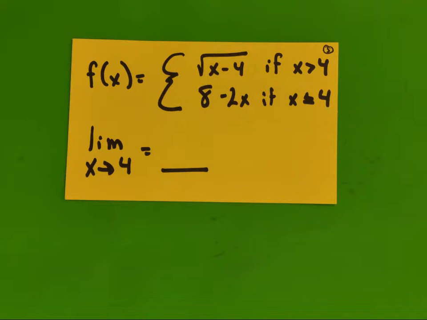Well, first of all, you always try direct substitution. We're approaching what? 4. Now, since it's two-sided, you have to worry about the left and right. So I would plug 4 in the left side. Which one represents to the left of 4? This right here. I will still plug 4 in because it does not give me a 0 in the denominator, does it? What's -2 times 4? -8. What's -8 and 8 give you? 0. Now to the right, I plug 4 minus 4, which is 0, and the square root of 0 is 0. Did I get the same thing for both sides? So my limit is 0. Does that make sense?